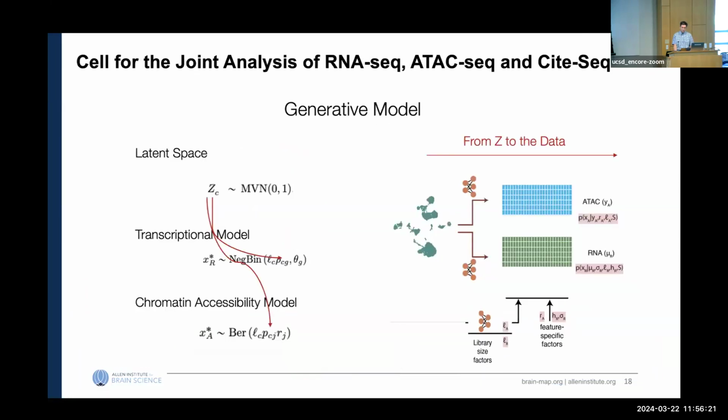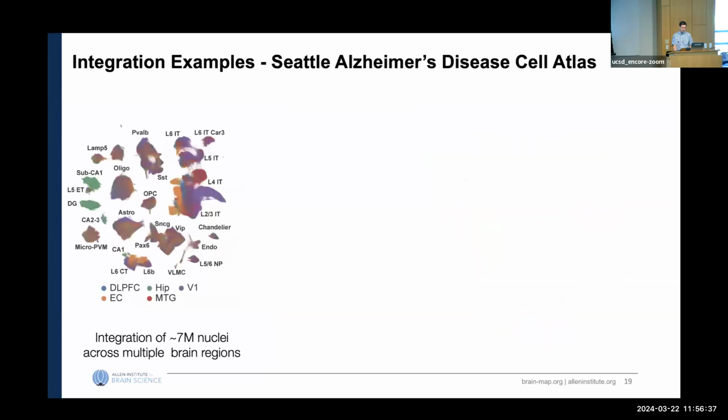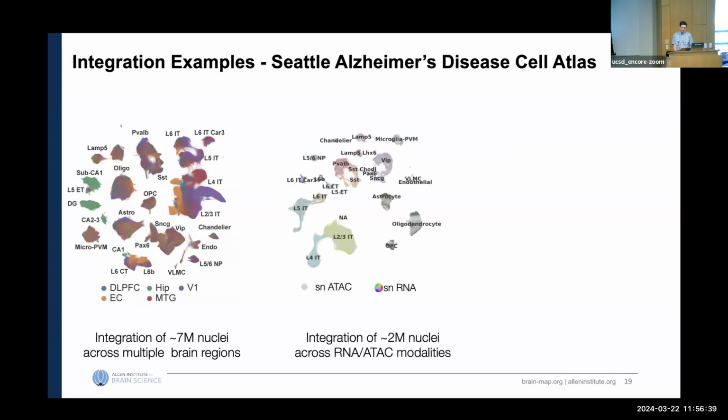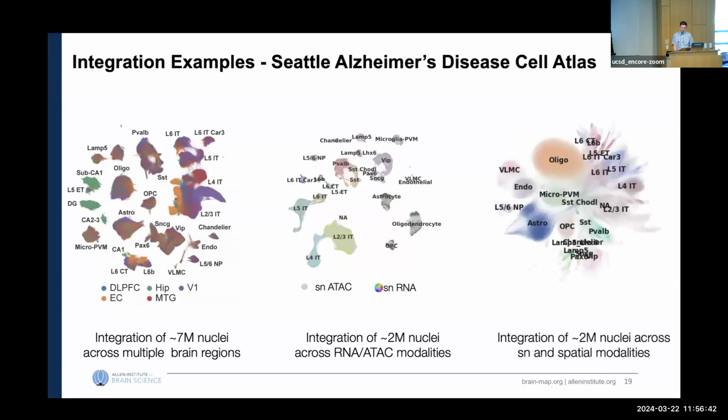This shows the model here. Again, a latent space, a transcriptomic model, a model of chromatin, and all this can be built into a standard hierarchical framework, and it can be trained and reduced in this way. And so we used this method in this Alzheimer's data set to integrate these different RNA-seq and ATAC-seq data of 2 million cells across these different varieties.